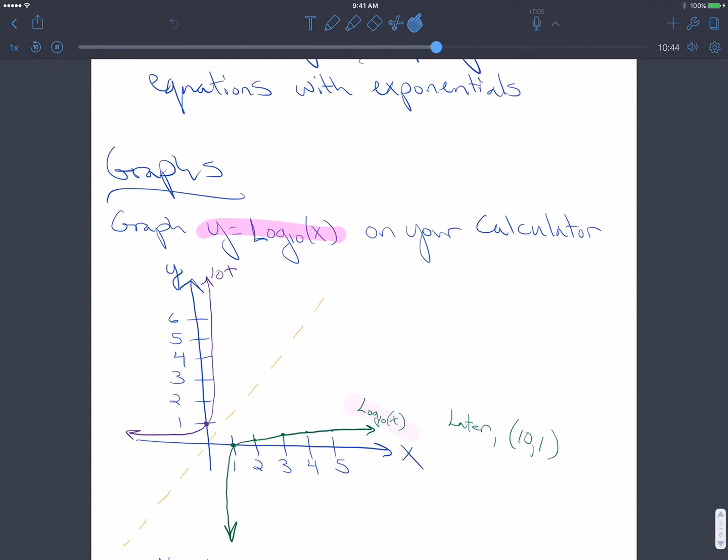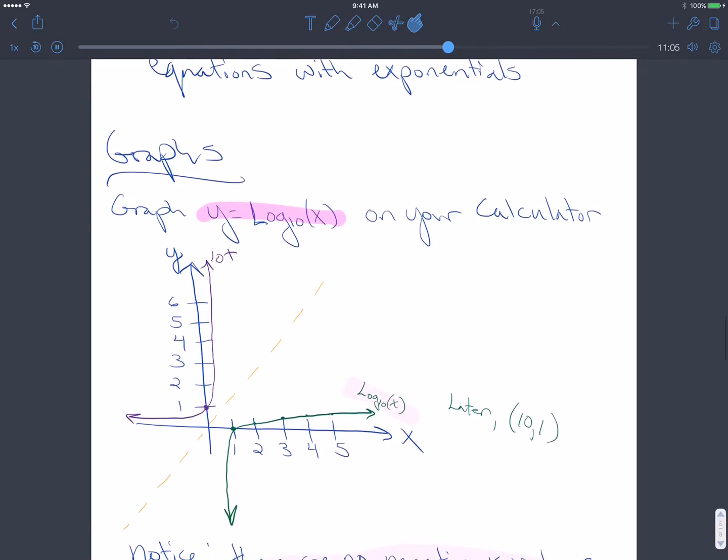Now, what I've drawn here, you can kind of see that there's some symmetry here, right? 10 to the x looks a lot like log base 10 of x, just flipped over this dashed orange line at y equals x.